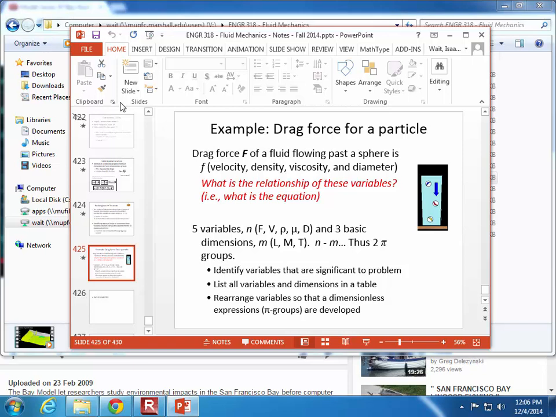Density, velocity squared divided by 2. That's going to be kilograms per cubic meter for the density, and then velocity is meters squared per second squared. So that is kilograms per meter second squared. So that is, as we'd write it in terms of m, l, and t, mass, length, time squared. Everybody already get that one?